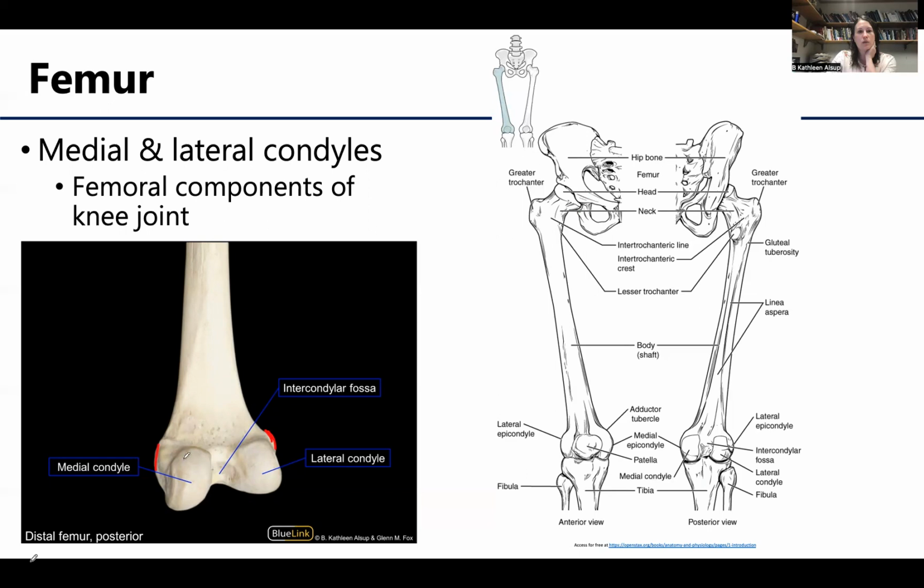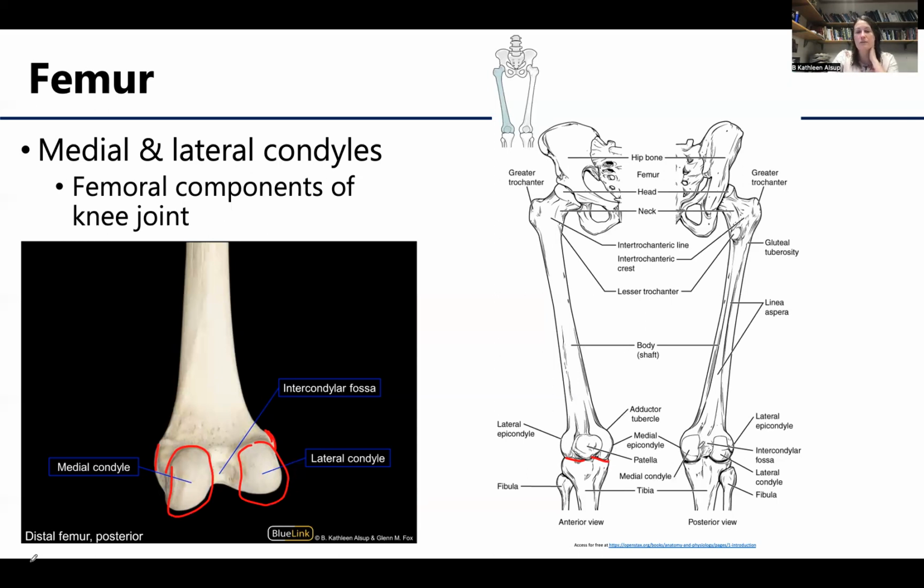Notice on this particular image of real bone, you can just see how bulbous and how large these condyles are. And this is in direct comparison to the really shallow condyles of the tibia. So you have these fairly large condyles of the femur articulating with the condyles of the tibia, and these femoral condyles will kind of rock on the tibial condyles during flexion and extension of the knee joint.